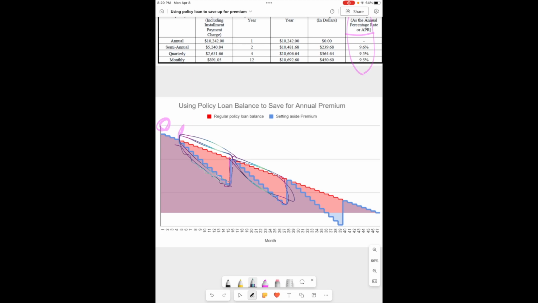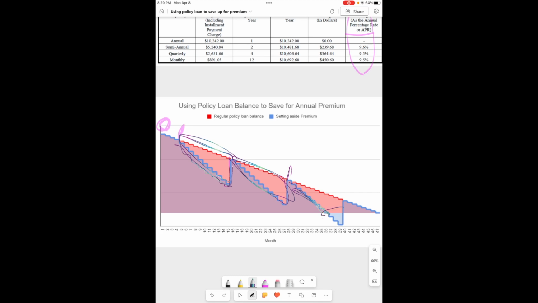Interesting thing happens here in the third year where we continue our payments to ourselves into our policy. And look what happens. Eventually we run it down to zero. There's no more policy loan in our system to accept our monthly cash flows for saving up for the premium.